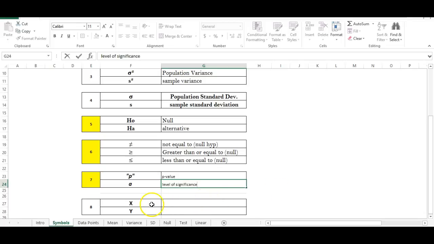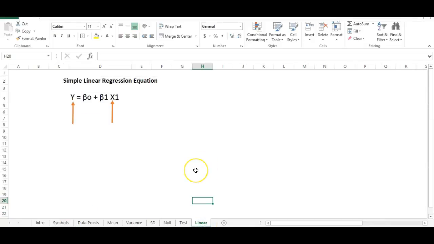Last set, we have X and we have Y. Now there's a concept in statistics called simple linear regression. Not a concept we're going to talk about in this video, but we will in future videos. Right now I want you to focus on the Y and the X. What are they? What do they have in common? What is their difference? Well, the one thing that they share is they're both part of what we call a simple linear regression equation.